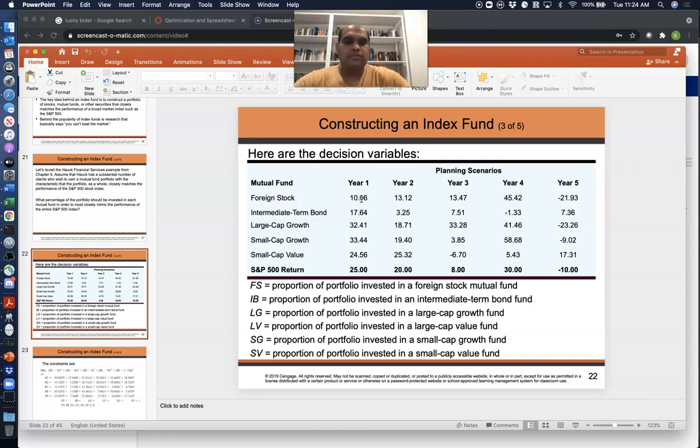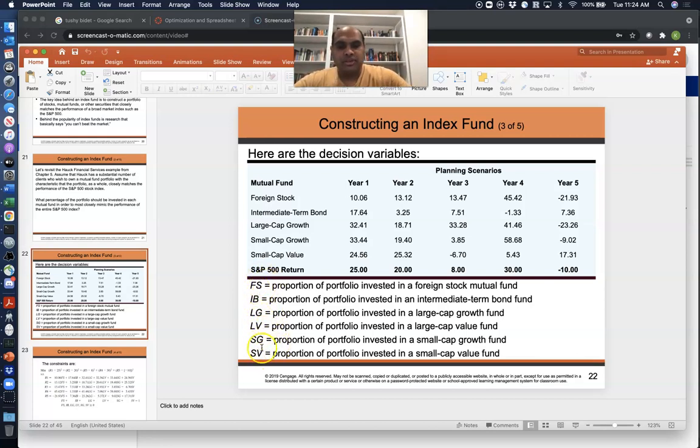The idea behind an index fund is that you have all of these different mutual funds and other funds. It doesn't have to be mutual funds; it could be stocks also. You have all of these different investment vehicles available to you, and you have to figure out what percentage of your total investment should go into each of these options.